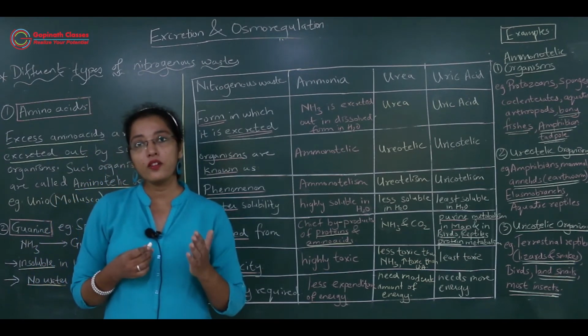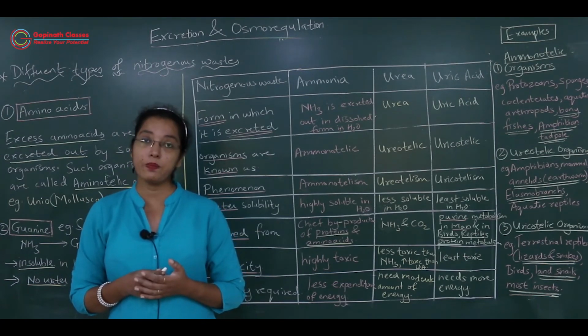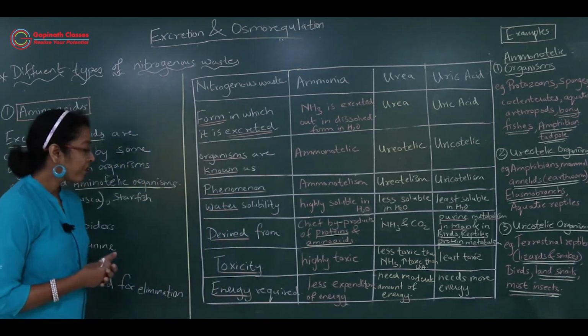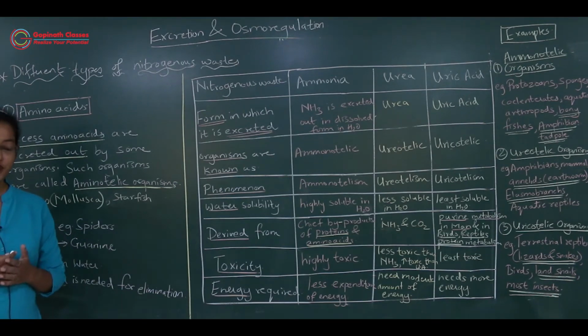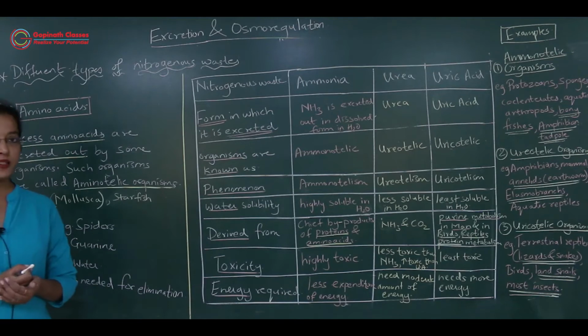Arachnida includes spiders and scorpions, and they excrete nitrogenous waste in the form of guanine. The organisms which excrete nitrogenous waste as guanine are known as guanotelic organisms, and the phenomenon is known as guanotelism.